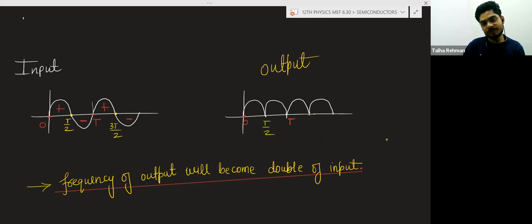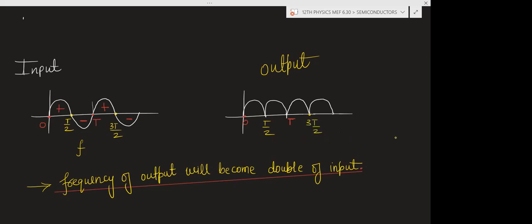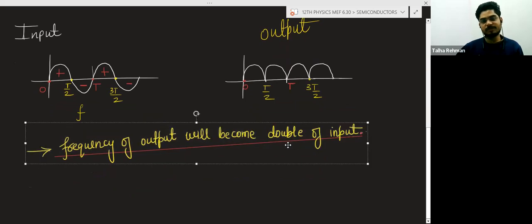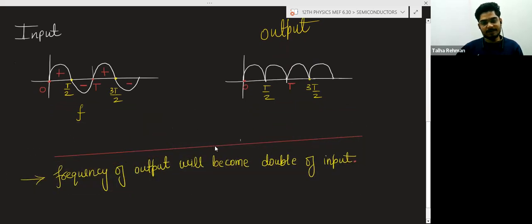Now, can you tell me what will be the frequency? If the frequency of the input is F, what will be the frequency of the output? F, right? I have written it also here. Actually, I have written 2F, but you should know the reason.